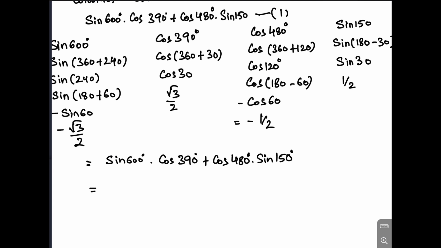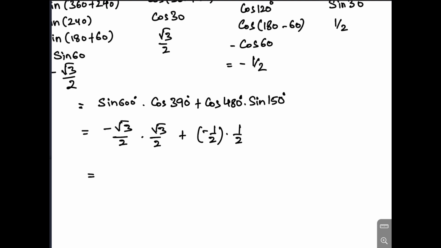Sin 600 value is minus root 3 by 2, cos 390 value is root 3 by 2, plus minus 1 by 2 into 1 by 2 here.